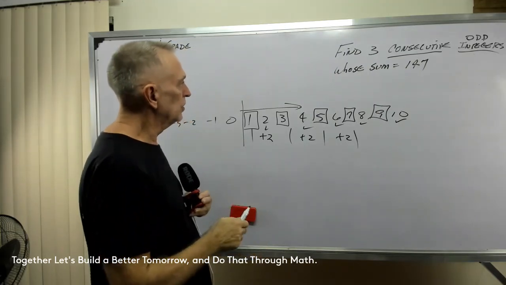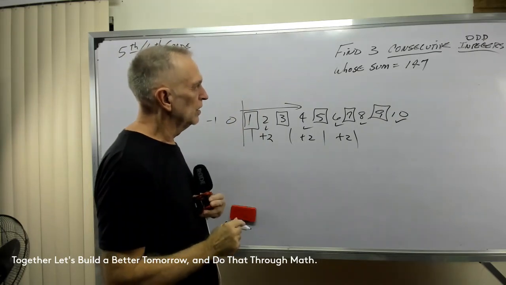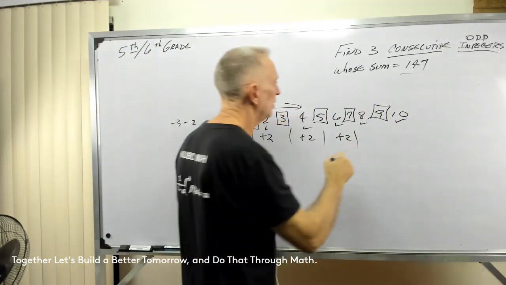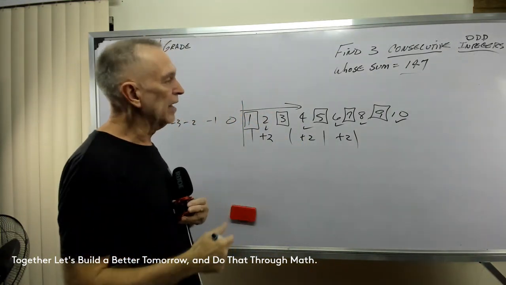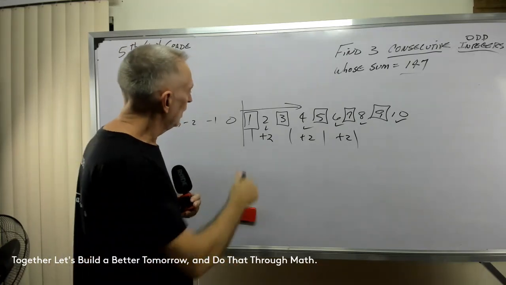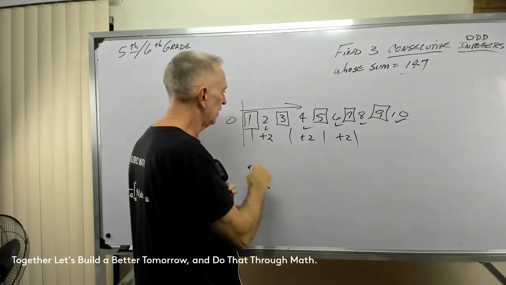So our question then becomes, we need to find 3 of those that add up: the first one plus the second one plus the third one, they add up to be 147. Now if we started here, 1 plus 3 plus 5 is 9.